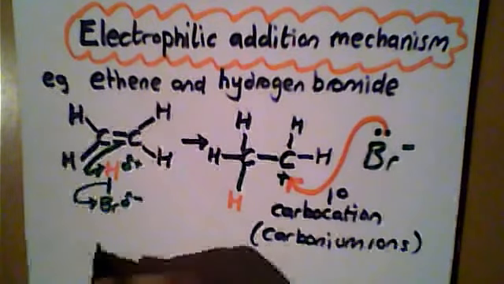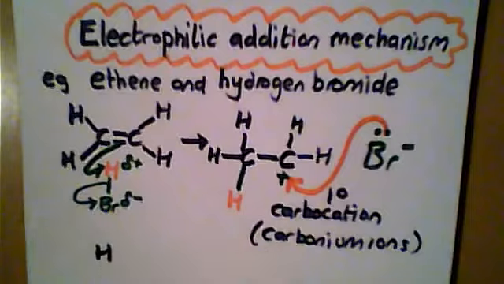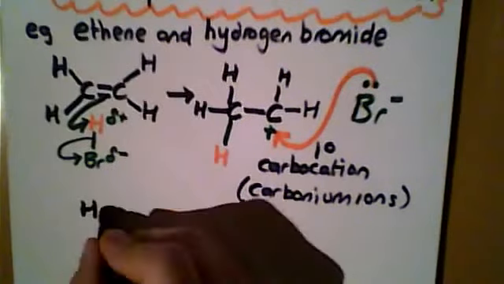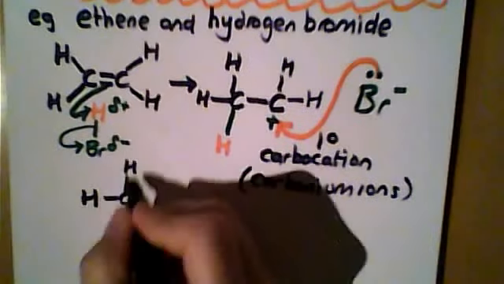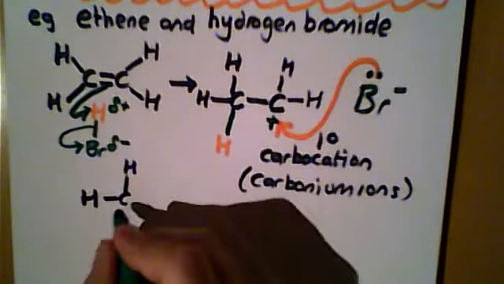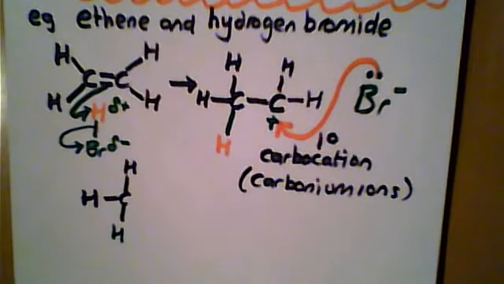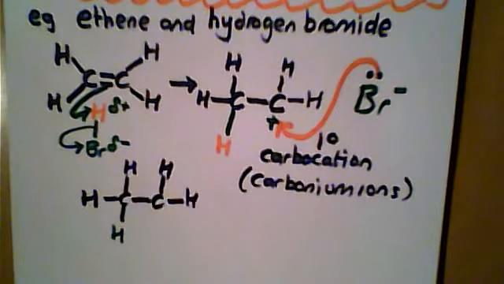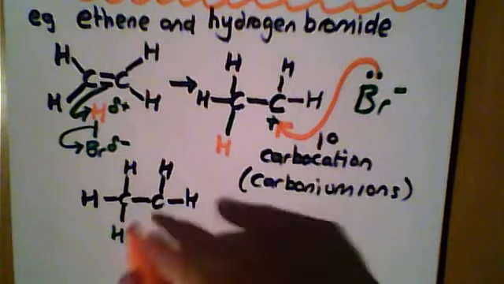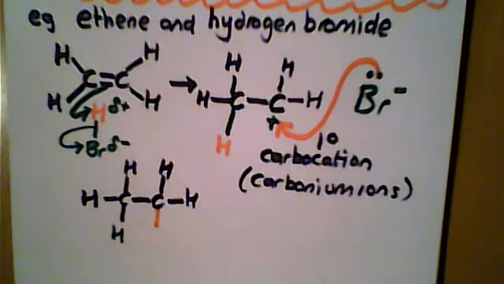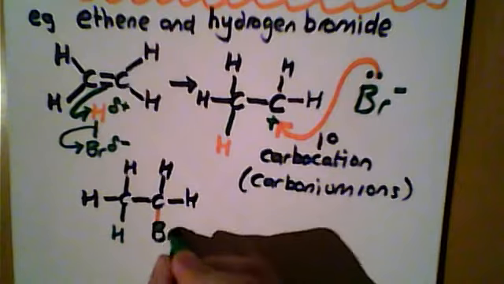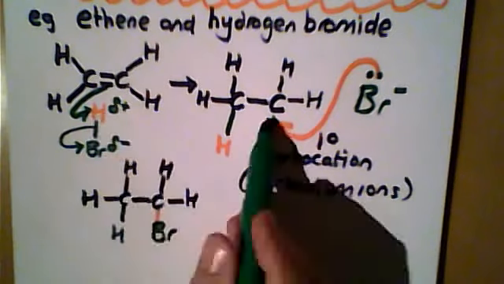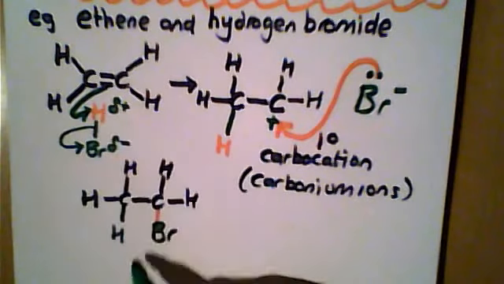So the resulting molecule that's formed has hydrogen on one of the carbons across the double bond, and on the second carbon the bromine atom is attached. It's called electrophilic addition because the electrophile has added across the double bond.